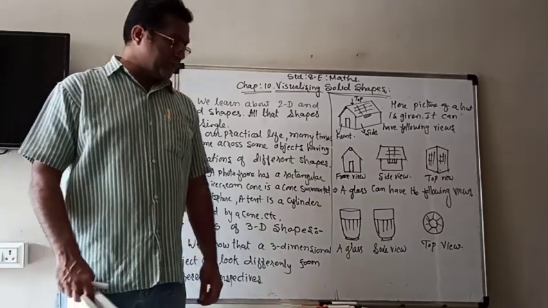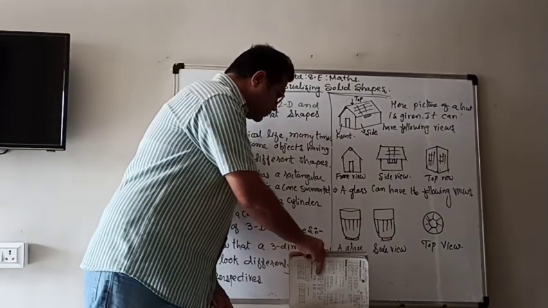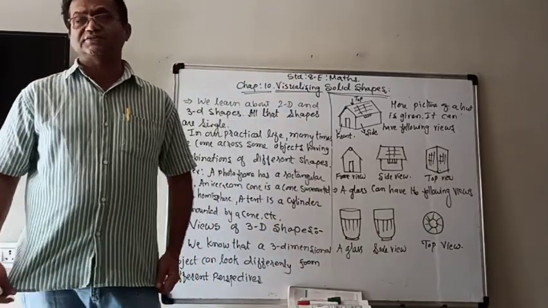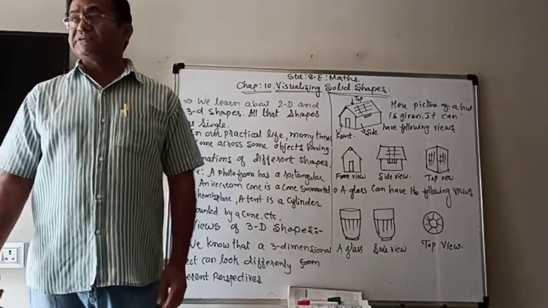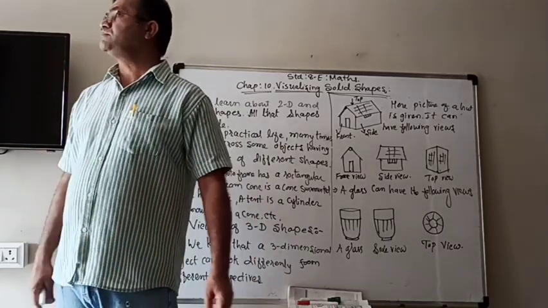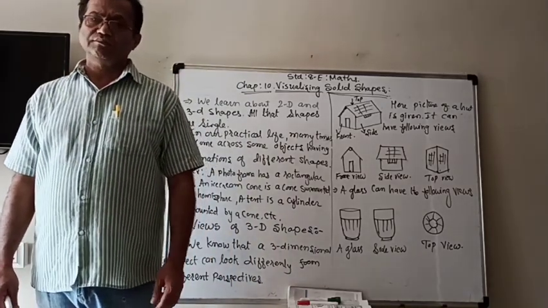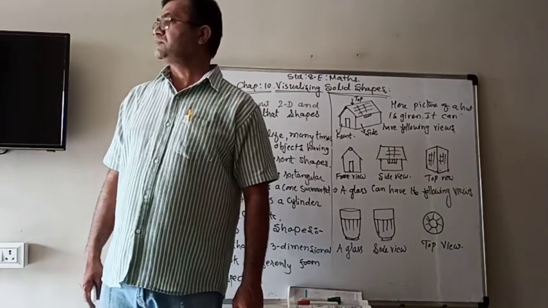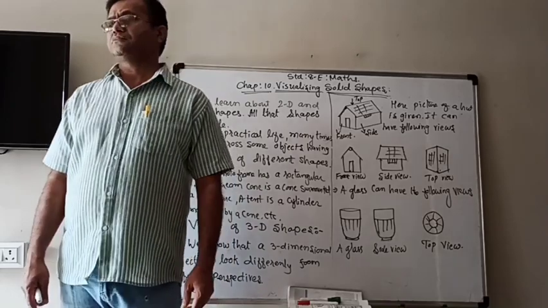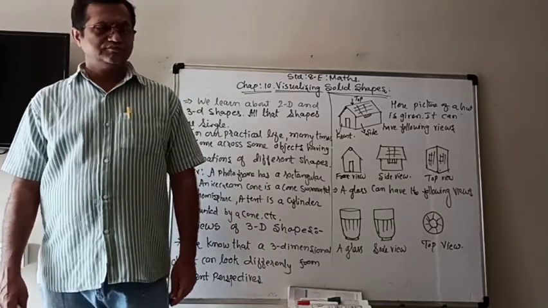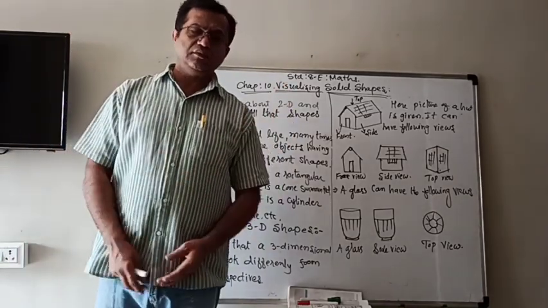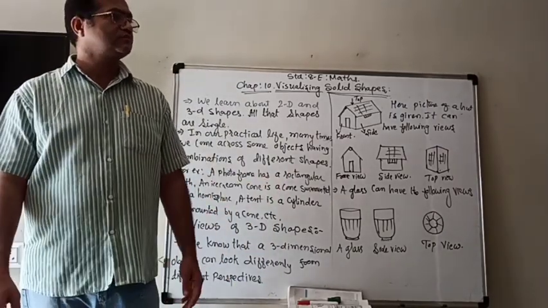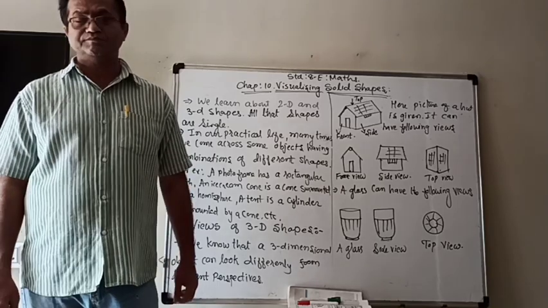Now, if you see any three-dimensional objects, for example a building, a brick, a cupboard, or any other objects, a metallic tin for oil, or a bottle, or a glass, anything.